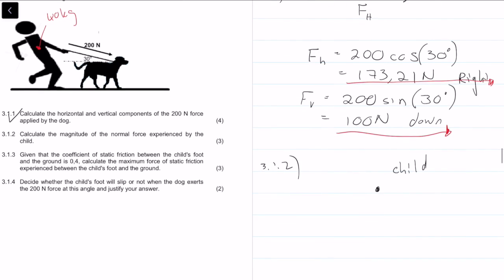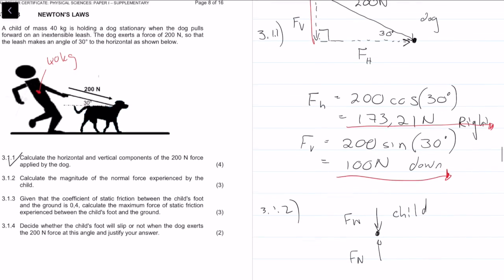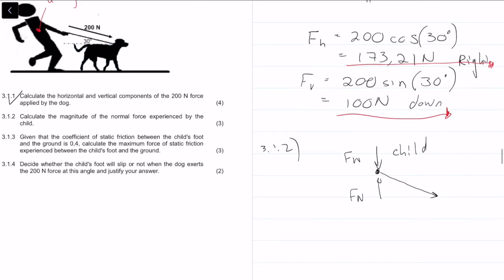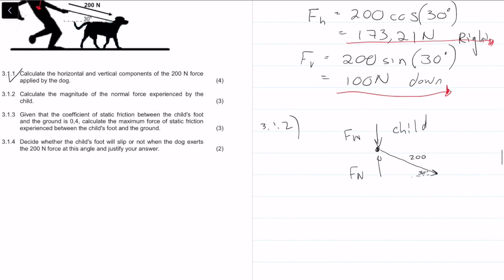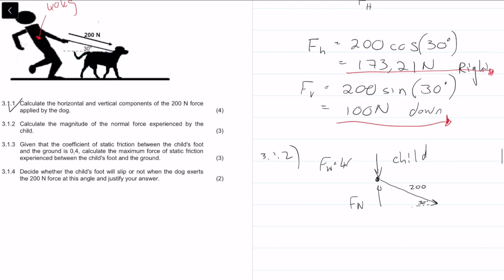So we've got the force of weight acting down, we've got the force normal, which we're looking for, and we've got a force acting downwards like that, 200, and we know that this angle is 30 degrees. Okay, and let's just do this. So force of weight is equal to mass, which is 40 times 9.81.